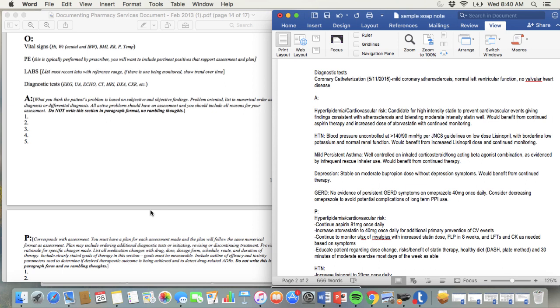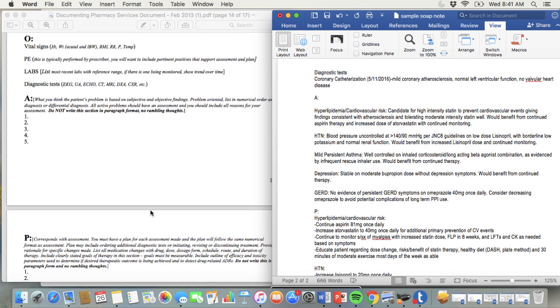So you can see here we have prioritized the problem list, and it is listed by disease state or diagnosis. So first we have hyperlipidemia, then hypertension, then mild persistent asthma, depression, GERD. So sometimes you'll write a note that includes all of the different problems or diagnoses, and sometimes it'll be a more focused note.